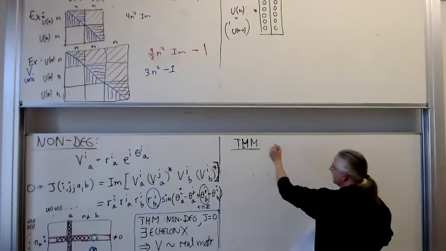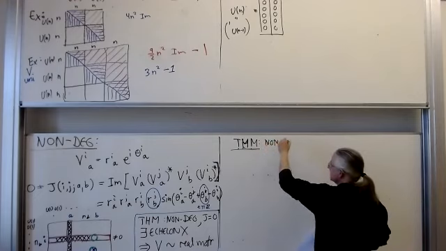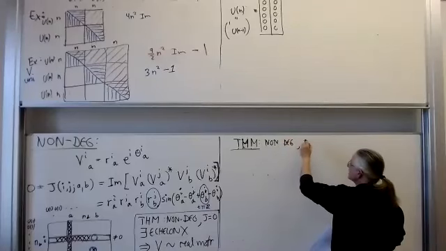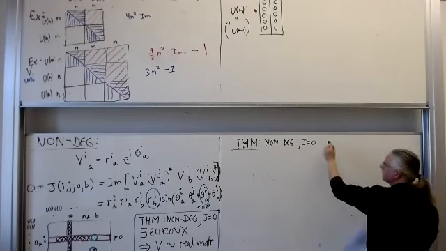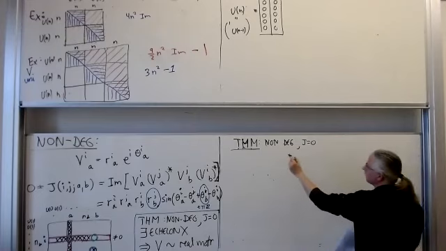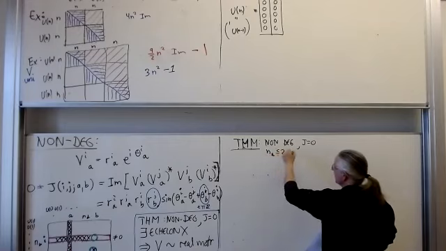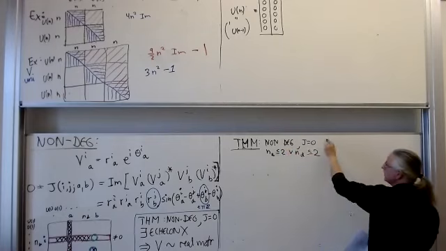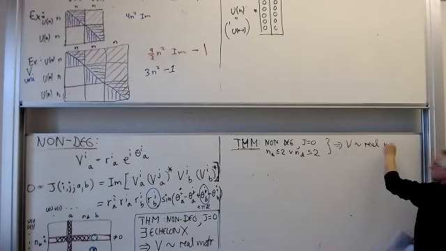So the theorem says: in the non-degenerate case, if all the Jarlskog invariants are 0, and if n_u is less than or equal to 2, or n_d is less than or equal to 2, then V is equivalent to a real matrix.